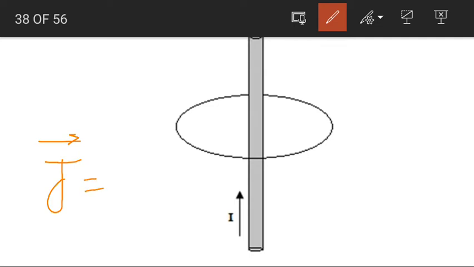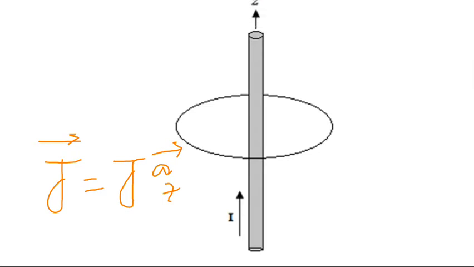So the current density will be in the direction of the current, and if the conductor is along z axis, then the current will be in the direction of the unit vector Az.